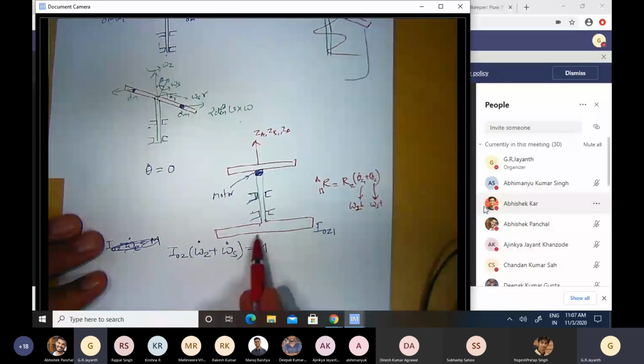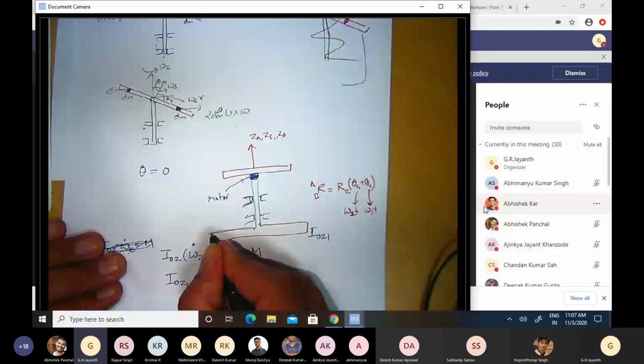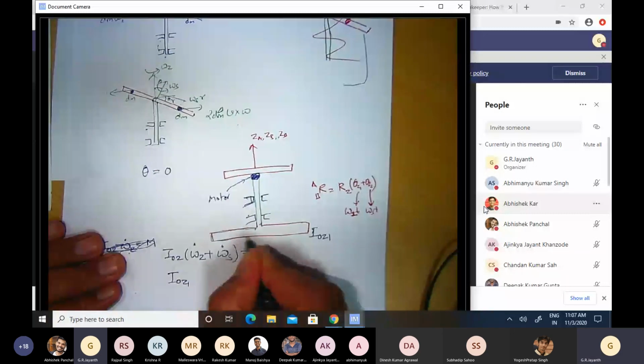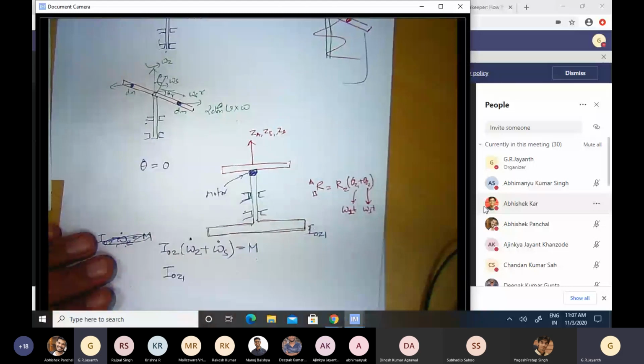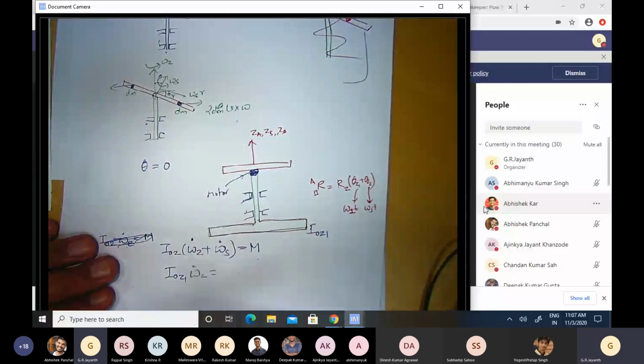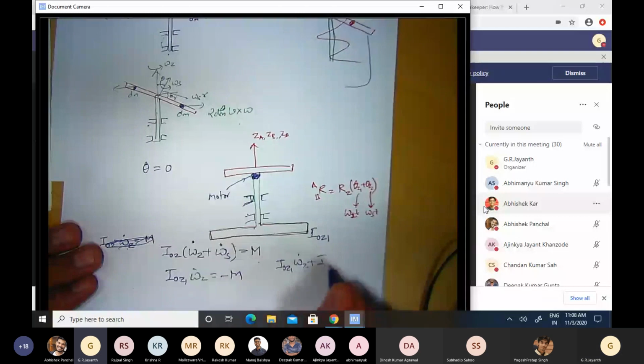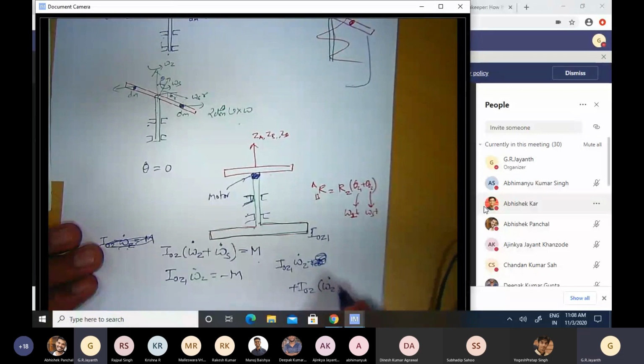So I would have that I0 z1, which is fixed to the shaft, maybe I should draw it in green color to indicate it is fixed to the shaft, I0 z1 times omega z dot would be equal to minus m. So what this indicates is that I0 z1 omega z dot plus I0 z times omega z dot plus omega s dot is equal to 0.